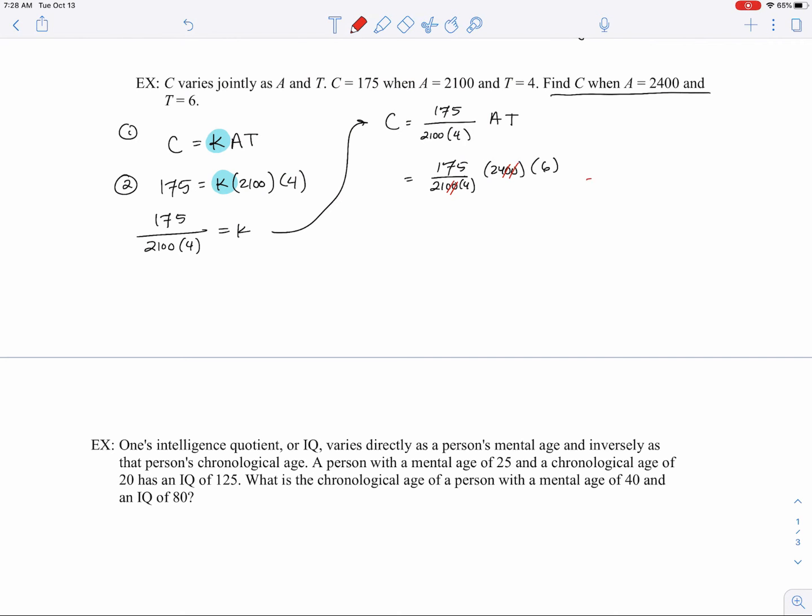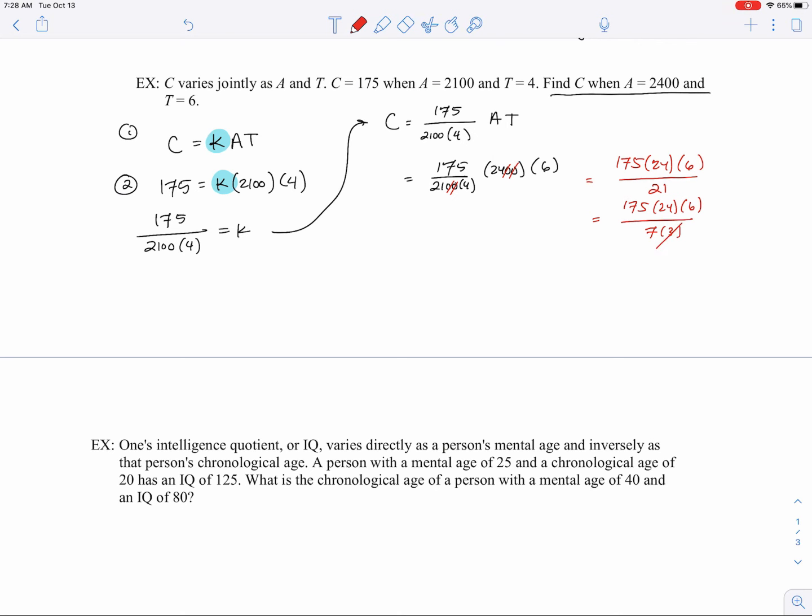That'll be good. This is equal to 175 times 24 times 6 divided by 21, which is 175 times 24 times 6 over 7 times 3.